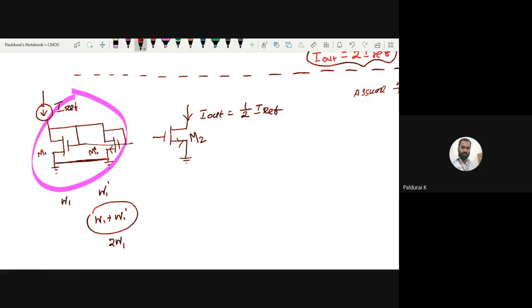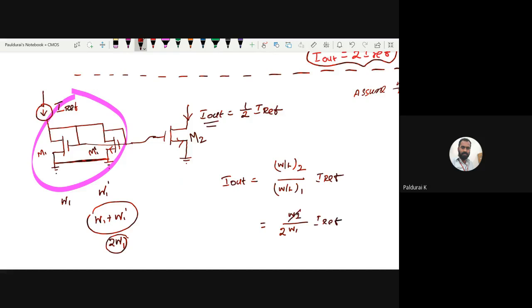Now I am connecting this here as VB. Now what is my I out? I out equals the W to L ratio of 2 over the W to L ratio of 1 times I reference, right? Now the width becomes 2 times W1. So this is actually W2 divided by 2 times W1, times I reference.